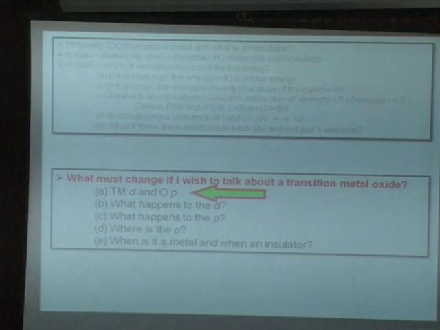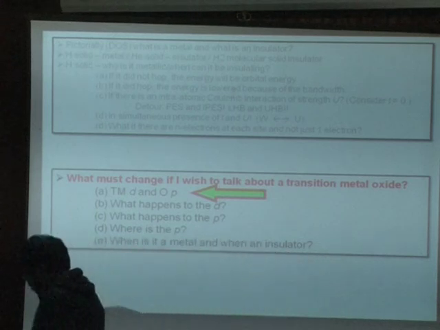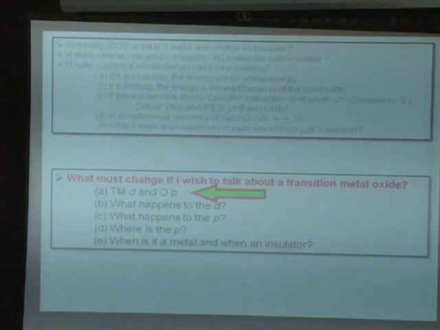Because oxygen forms the O2- ion, which corresponds to 2p6. Since the P level can take only 6 electrons, and 6 electrons are already there in the oxygen 2- ion, 2p6, it's always a filled orbital. And if it is a filled orbital, it's uninteresting, and you can ignore it. You will see why that is not possible, and we need to have the oxygen.